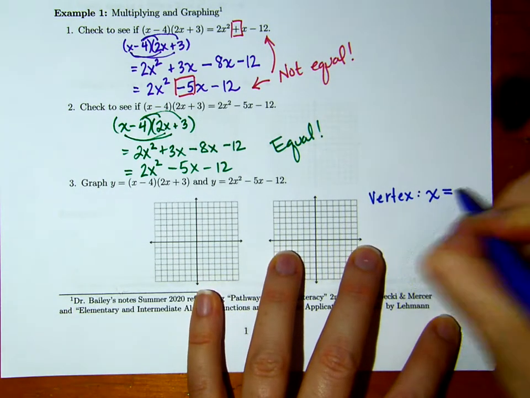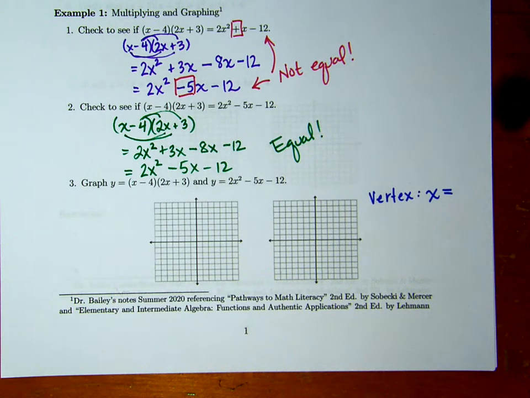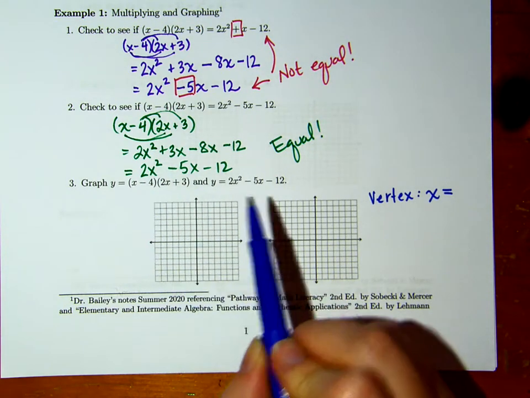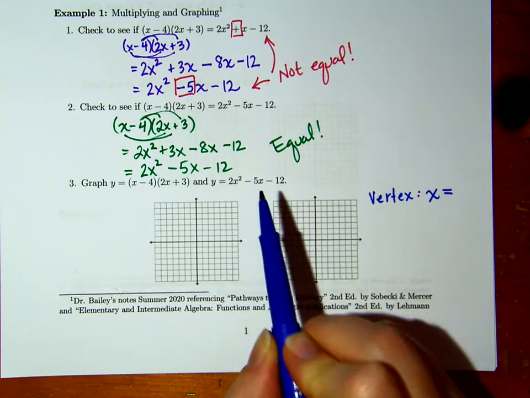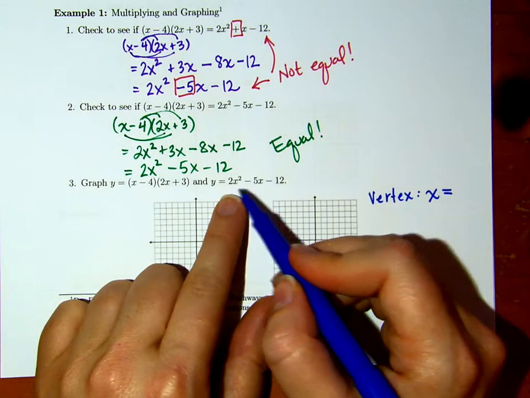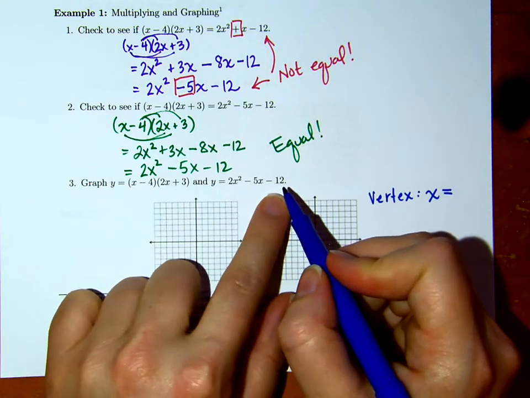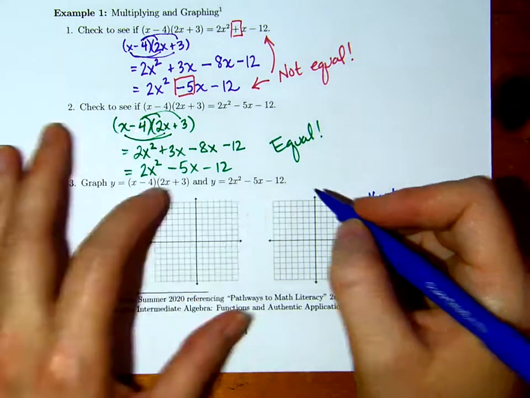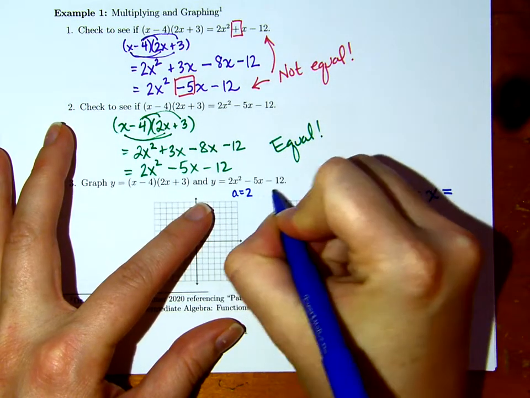Well, x is equal to the opposite of b over 2a if it is in the general form of the quadratic. So I look at this as factored form. I look at this as general form, and that's our go-to. So I notice here a is 2, b is negative 5, c is negative 12. As a matter of fact, let's write that.